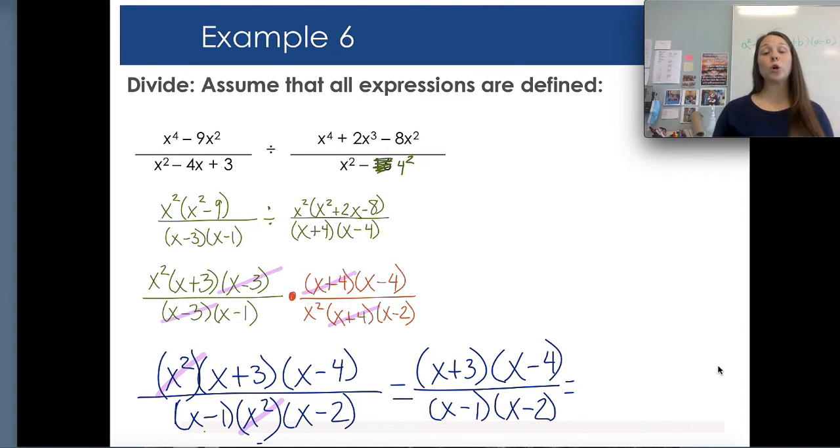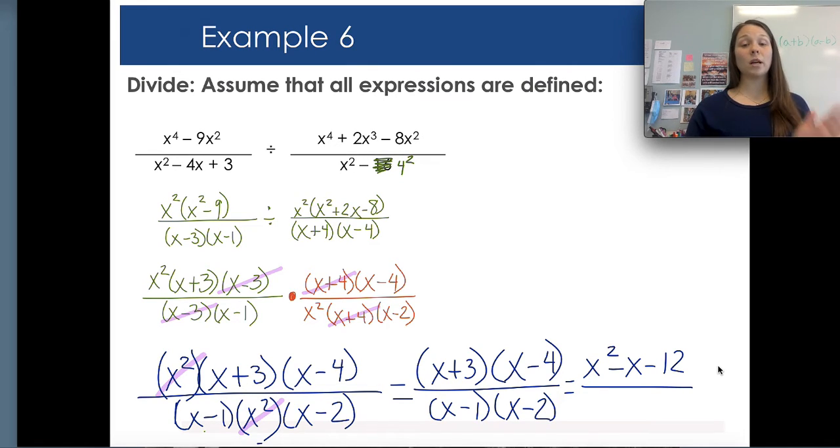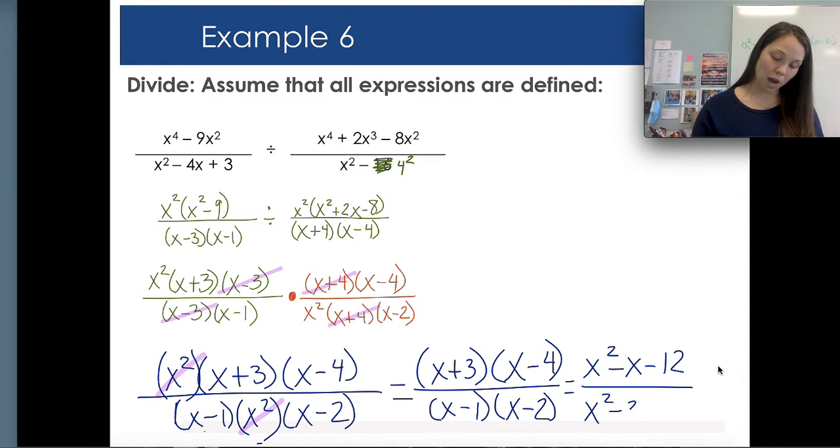Now from here you could go through and multiply everything back out to get it into standard form. Taking the x plus 3 times the x minus 4 would give us x squared minus x minus 12. Taking the x minus 1 times the x minus 2 would give us x squared minus 3x plus 2.